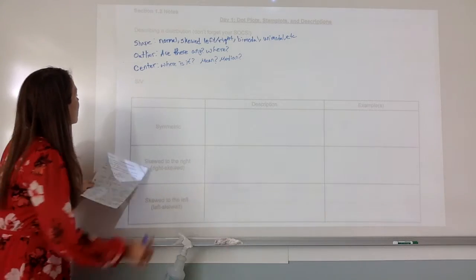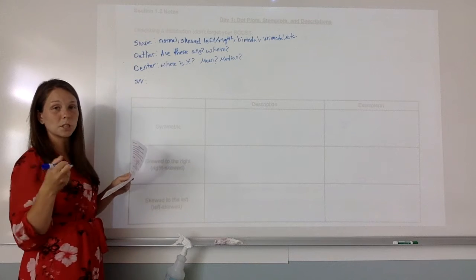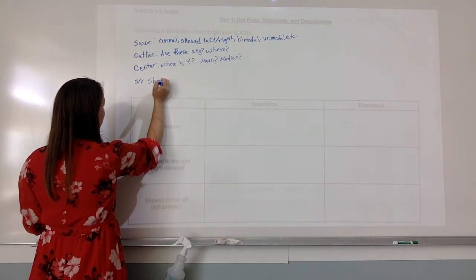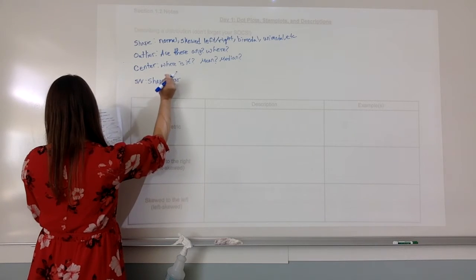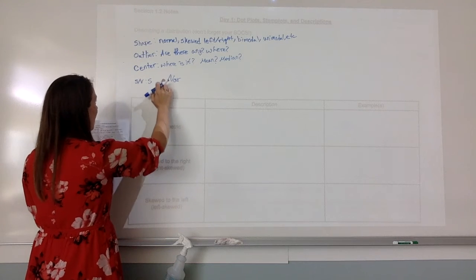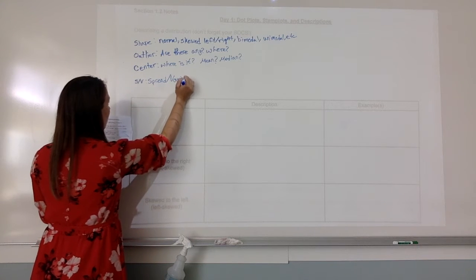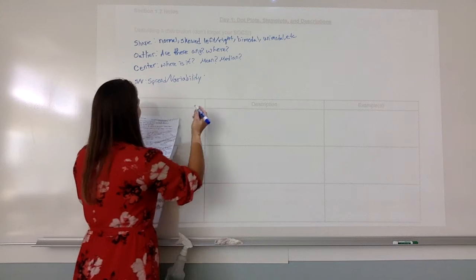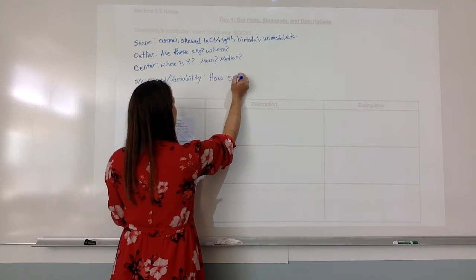And then the last, the S or V, depending on which acronym you like better, really stands for shape or variability. Or not shape, I'm sorry, because we already did shape. It stands for spread or variability. So questions to ask ourselves here is, how spread out is the data?